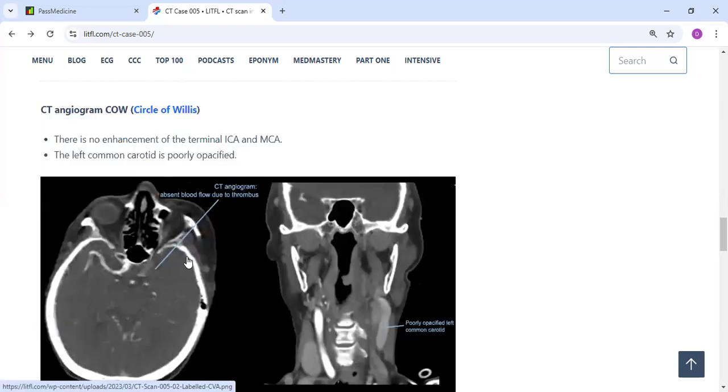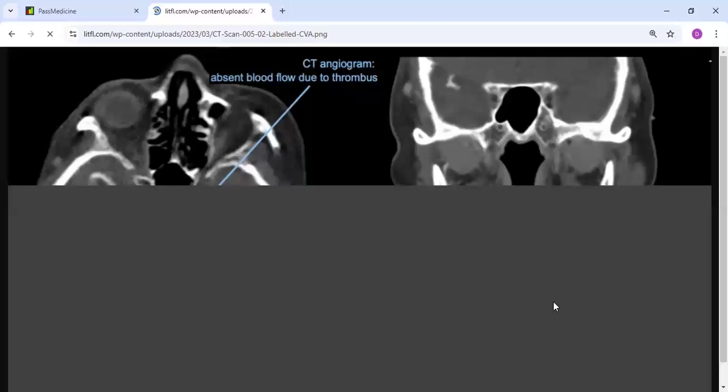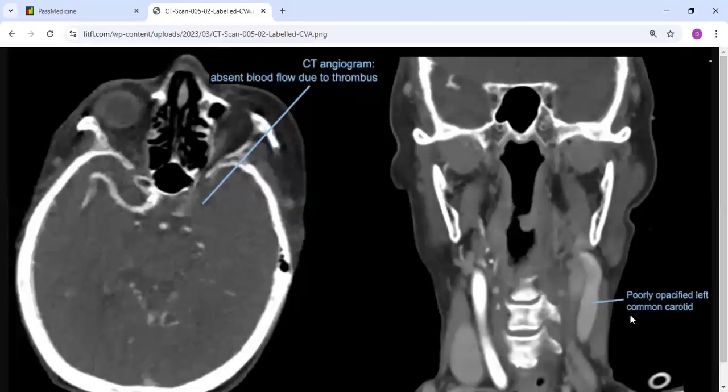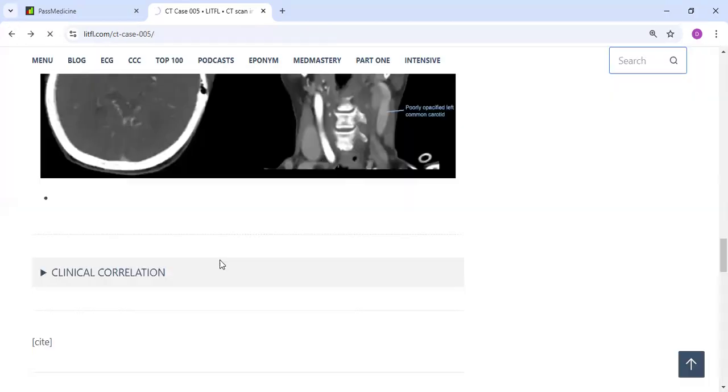On the angiogram, there's absent blood flow due to thrombus and a poorly opacified left common carotid artery.